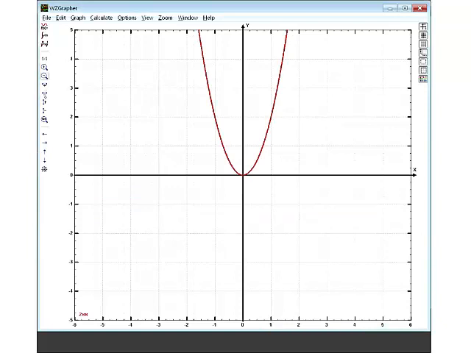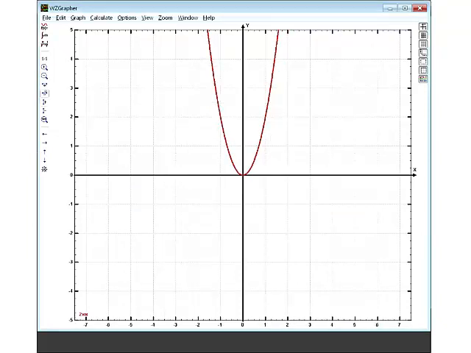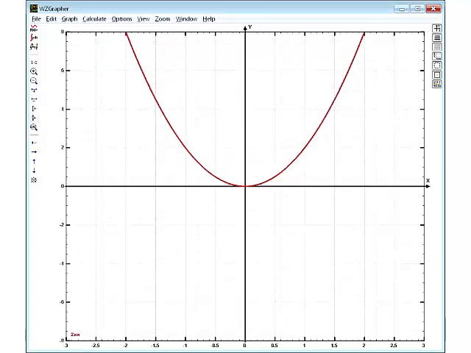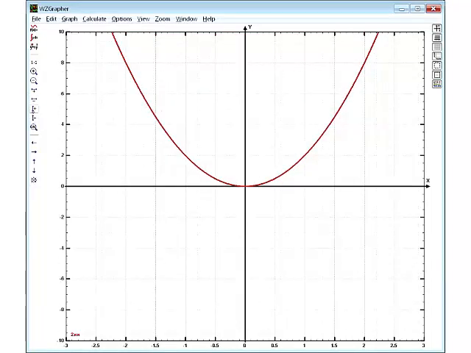Let's zoom in a little bit in the x direction, and make sure we include all the limits that we need. We need a line x equals 2 and a line y equals 8. Okay, that should be good.